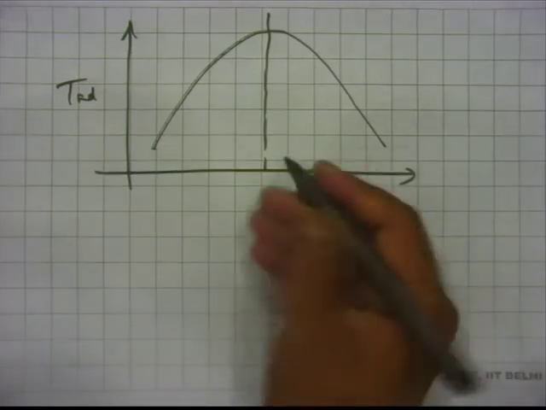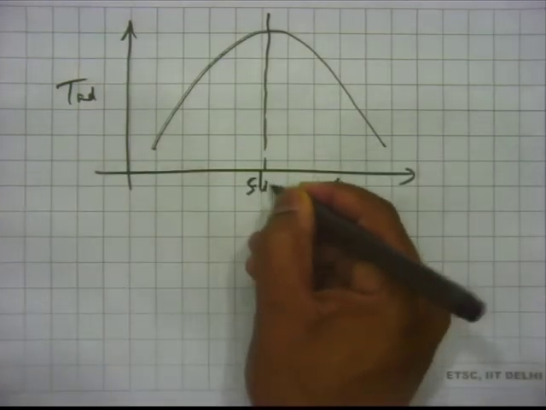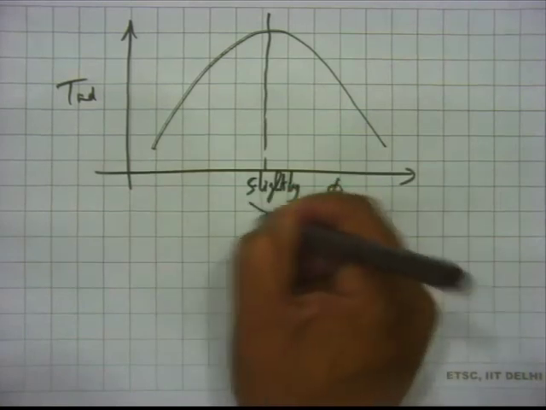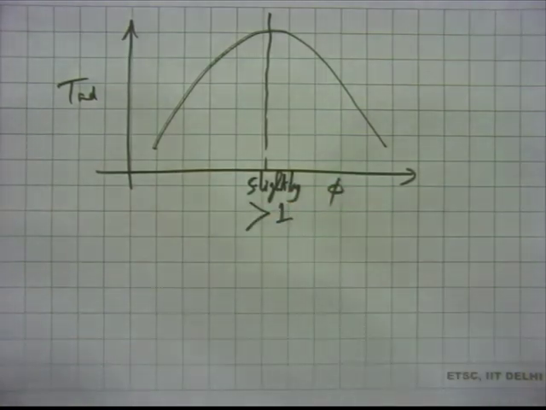So, this is slightly greater than 1, at which the temperature peaks. And if the temperature peaks, you are likely to get the higher burning velocity at that temperature, again because of the exponential term effect. That is what primarily it is.